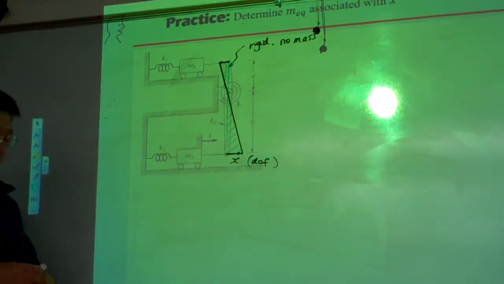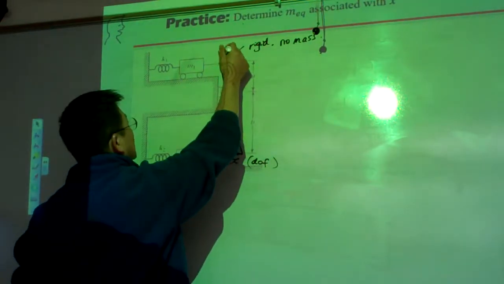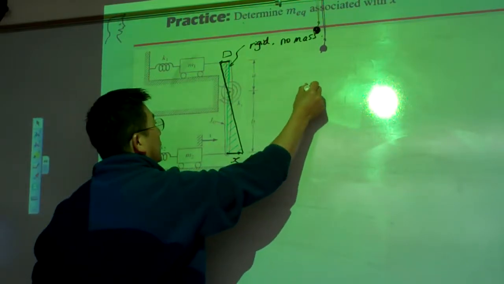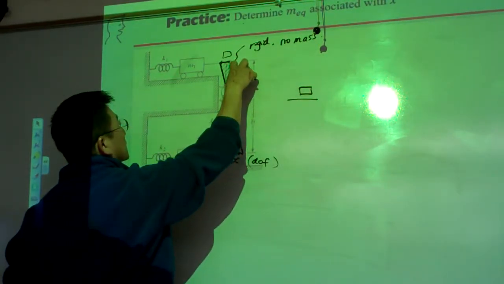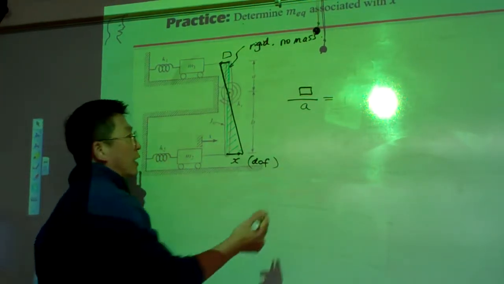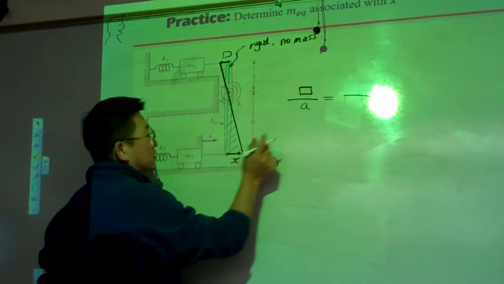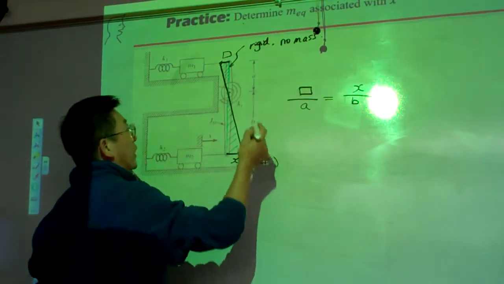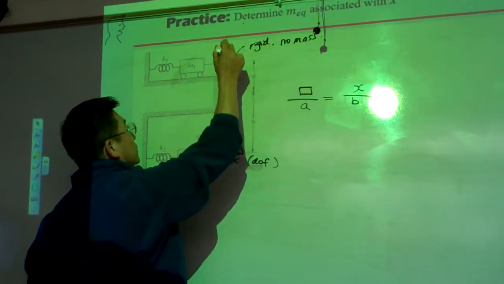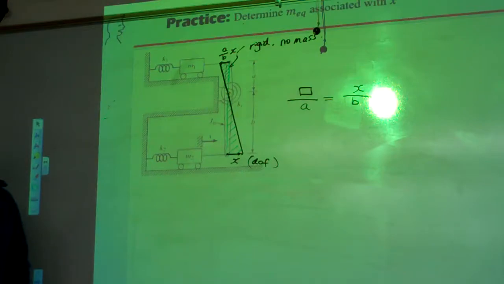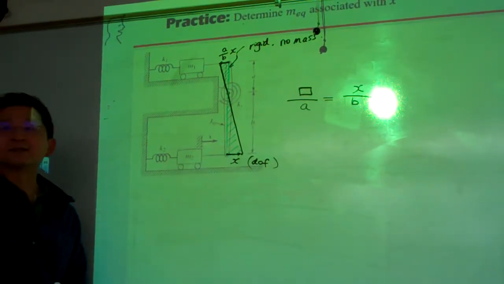Let me call what we want to calculate, say, this one. With respect to this length A, it will be equal, by similarity of the triangles, to x with respect to B. So this one is equal to A over B times x, right? You good? Good. Questions.